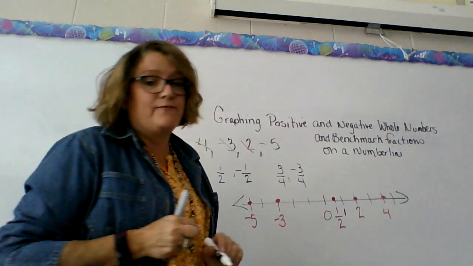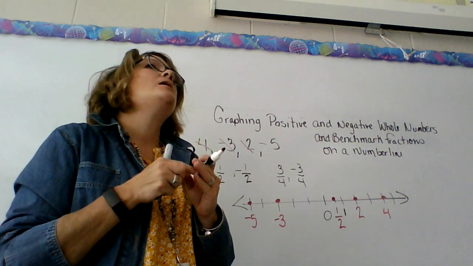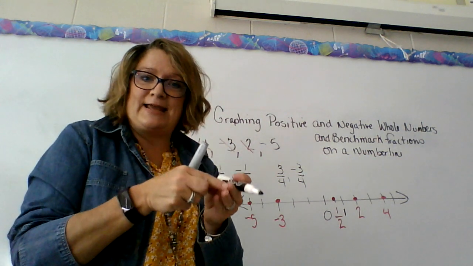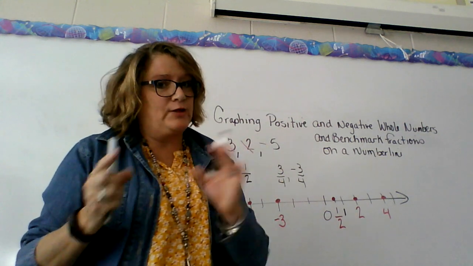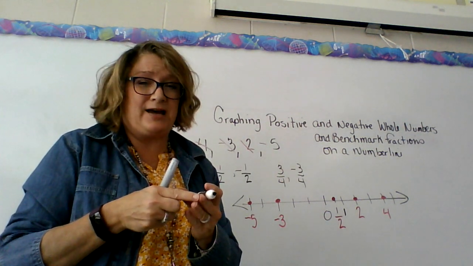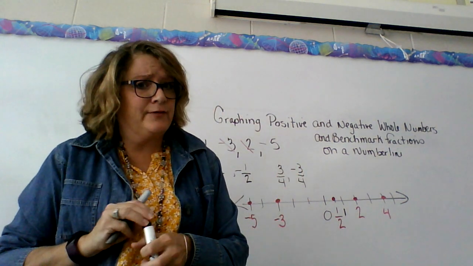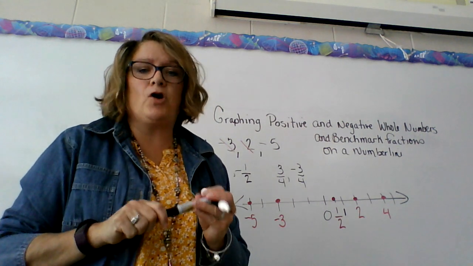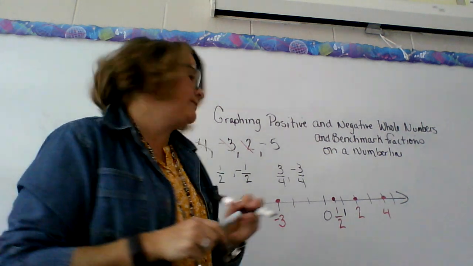So the negative 1/2 can also not be smaller than the negative 1 whole, okay? I know that's a little tricky to think about, but the reason that I said that was because a negative 1/2 is actually a bigger amount than a negative 1 whole, okay?